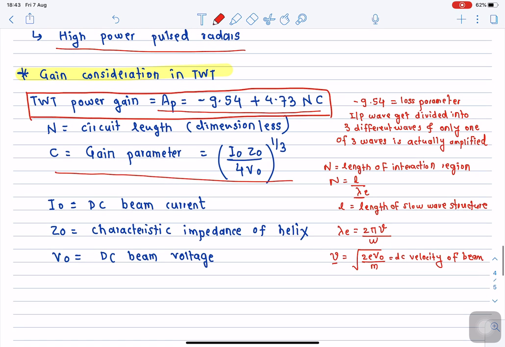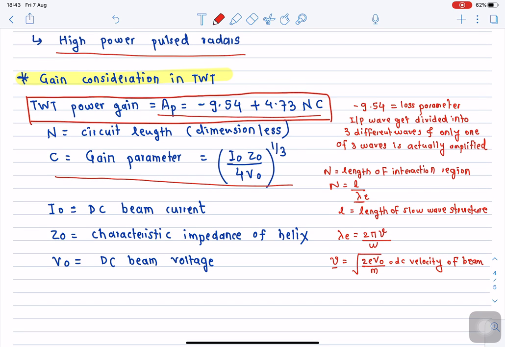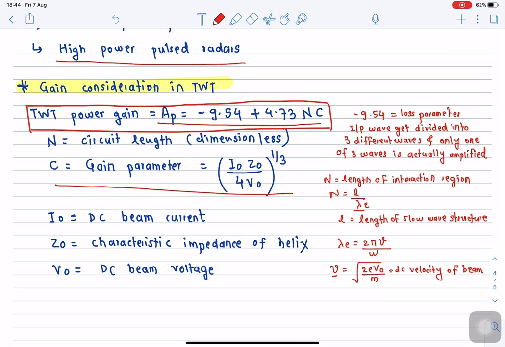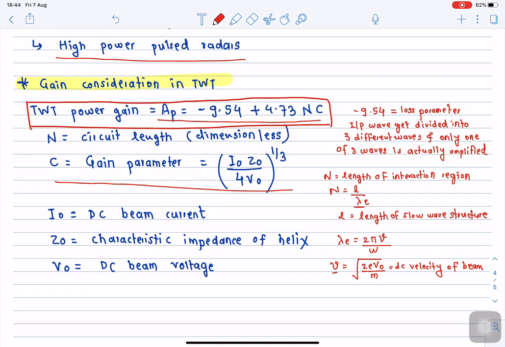Now if we apply a low input power signal, or the small signal, where the gain is assumed to be almost constant, and then we increase the RF input power for the amplification, the RF output power will not increase in the same proportion.